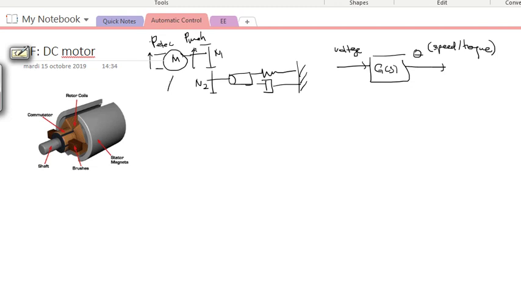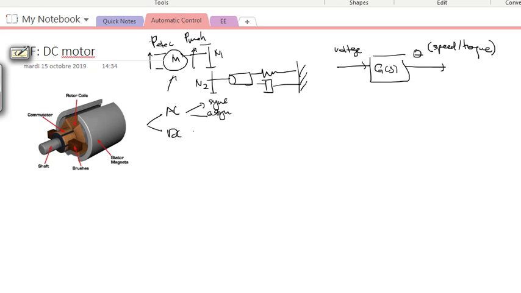that is driven by an electrical motor. There are many types of electrical motor. They can be divided into two main categories. Those are the motors fed with AC current, where you could have a synchronous motor and an asynchronous motor, with magnet or without magnet.